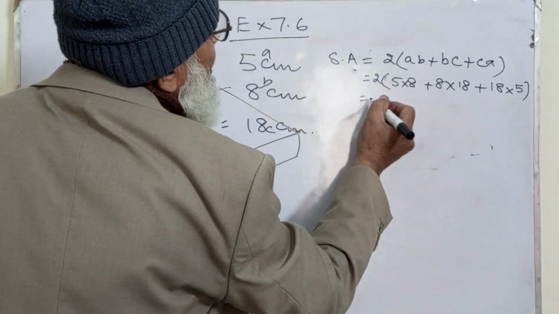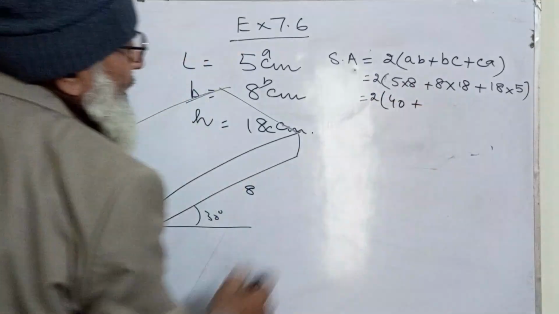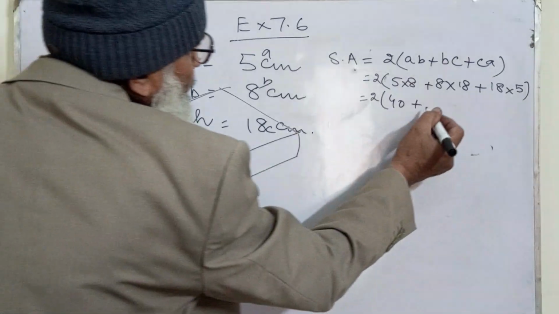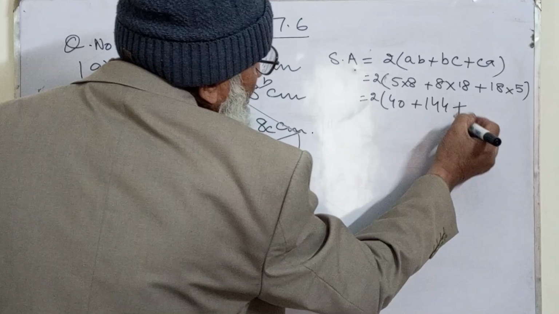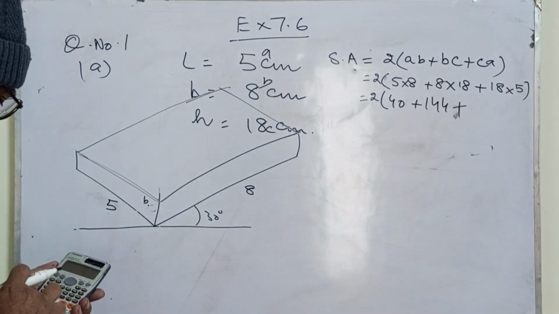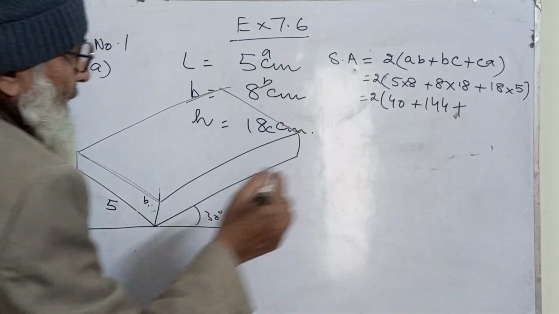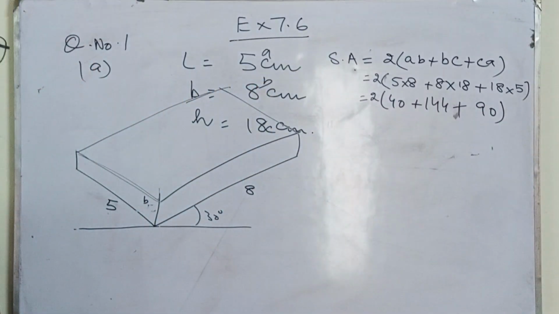Just calculate this. 8 times 5 is 40, 8 times 18 is 144, plus 18 times 5, which is 90. Now just add these because these are in brackets.